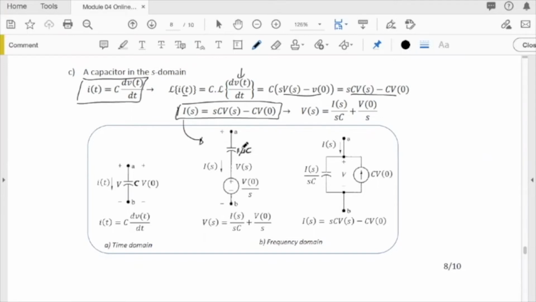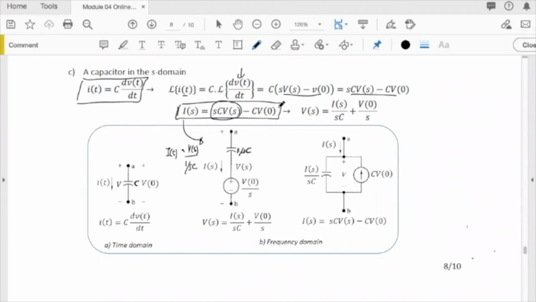All right, if we apply Ohm's law and find out what is the current going through here, we will have I(S) equals V(S) divided by 1 over SC. If you bring 1 over SC up there, then you end up with these terms.